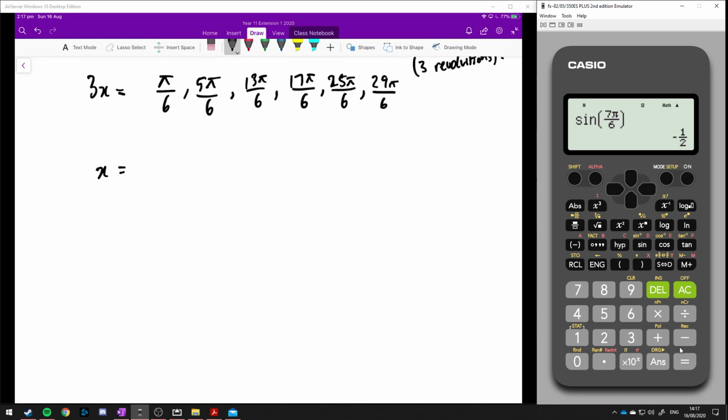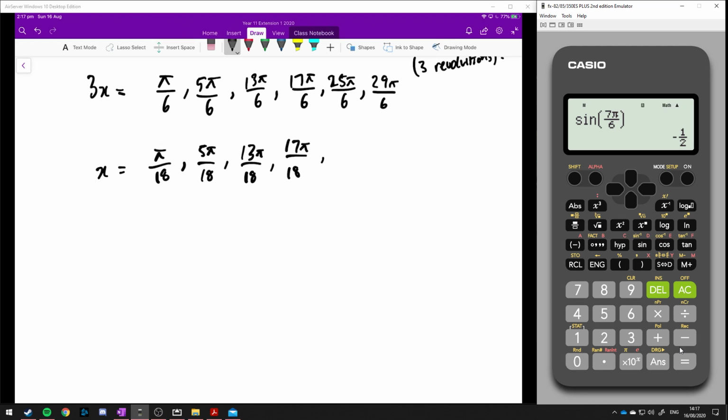That means for x, we just divide everything by 3. So pi on 6 divided by 3 is the same as multiplying by 1/3, so pi on 18. Then 5 pi on 18, 13 pi on 18, 17 pi on 18. You'll notice these are all between 0 and 1 pi.